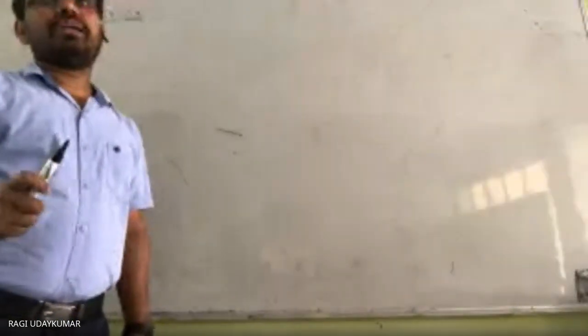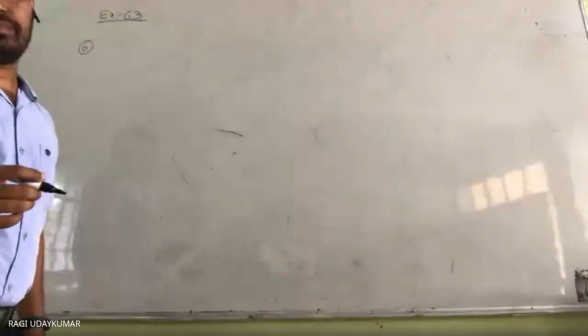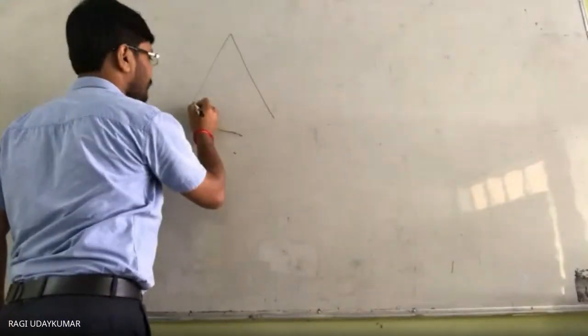Okay. So coming to the sixth problem. Triangle ABE is congruent to triangle ACD. Figure 6.37 is given to you like this.